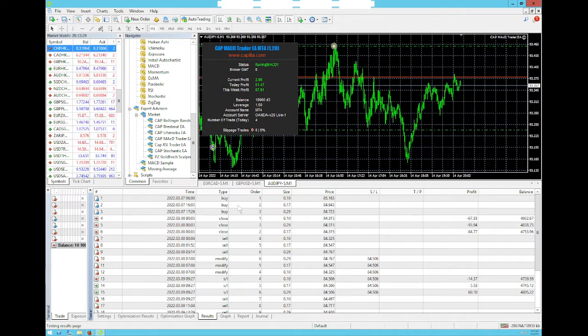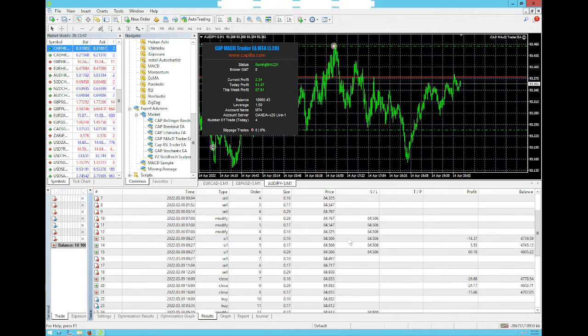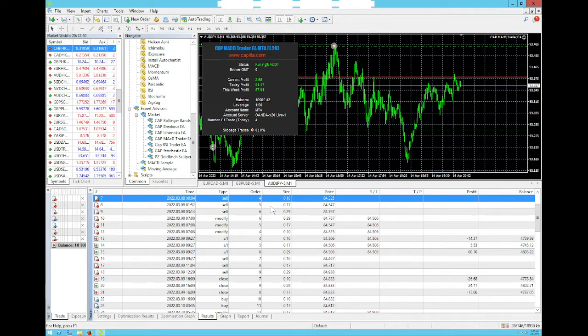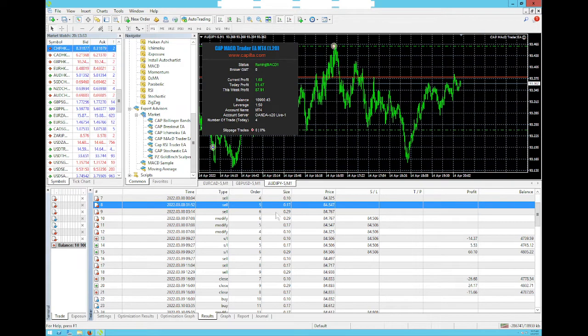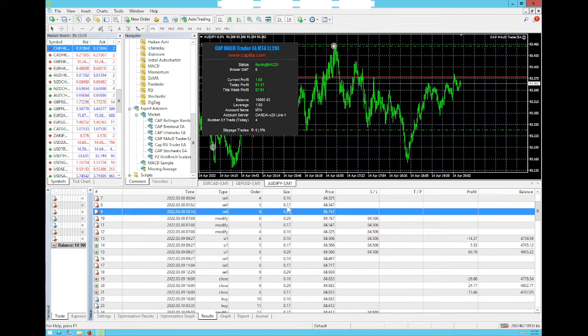Okay, here we go. It opened up a buy at 0.1 and it went negative. It went negative. It opened up another at 0.17 and the last one. In this case, all of them closed in negative. And it moved on to the next one. And this is an example right here, okay? It opened up a sell. Boom, 1 went negative. Boom, 2 negative. Boom, 3 negative. Each one was higher than the first. And then it modified them.